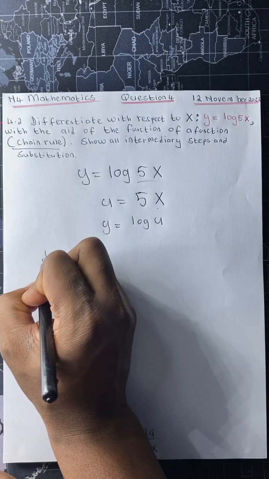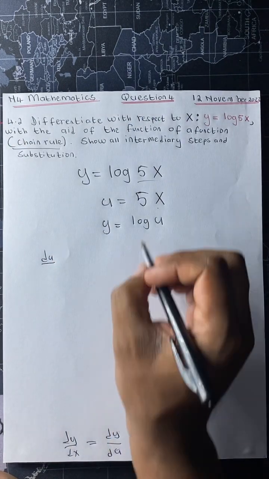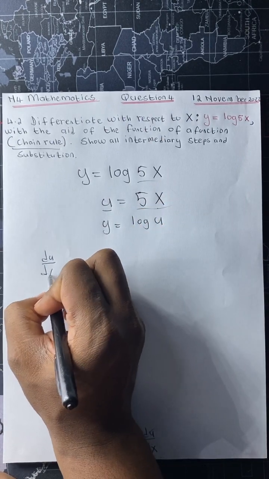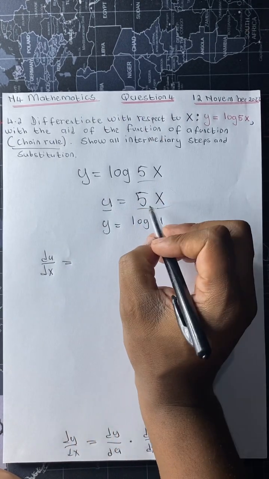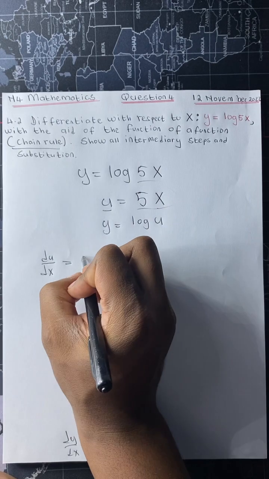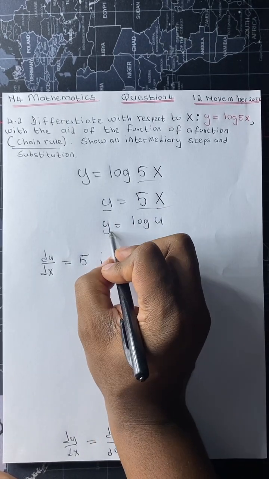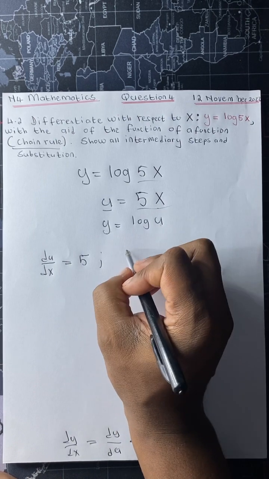So we differentiate u with respect to x. du over dx is equal to, the derivative of 5x is equal to 5. Now we have to differentiate this y with respect to u.